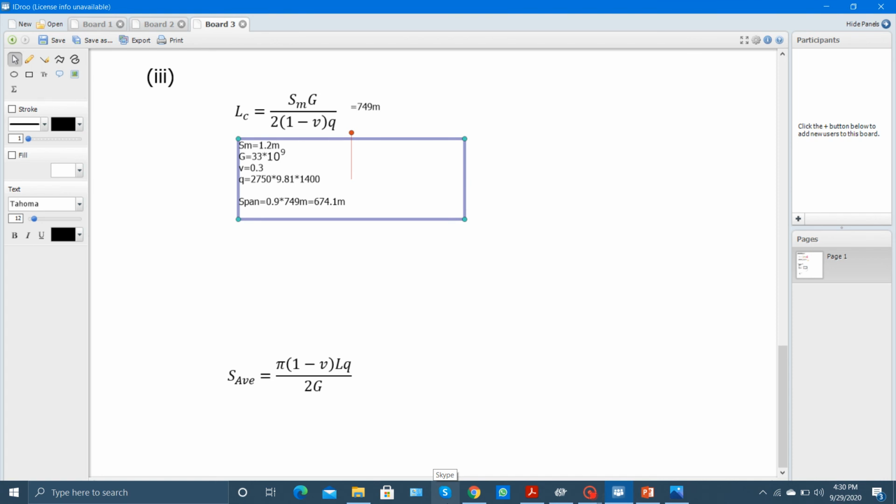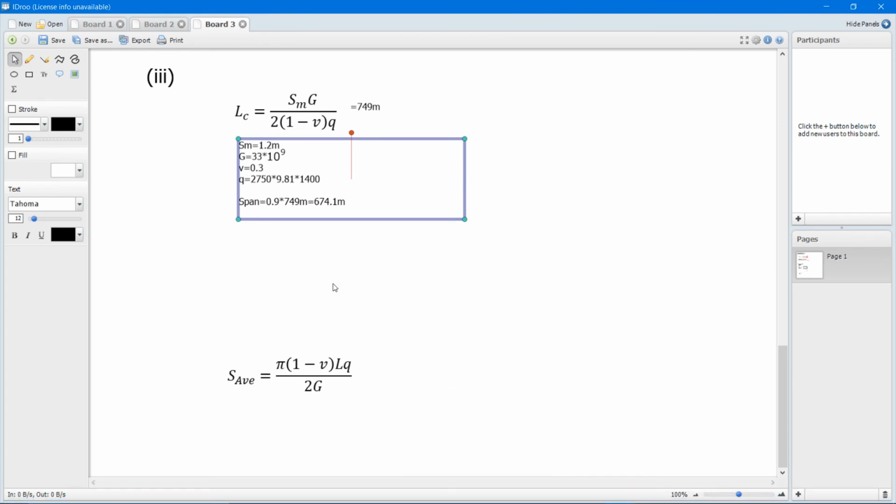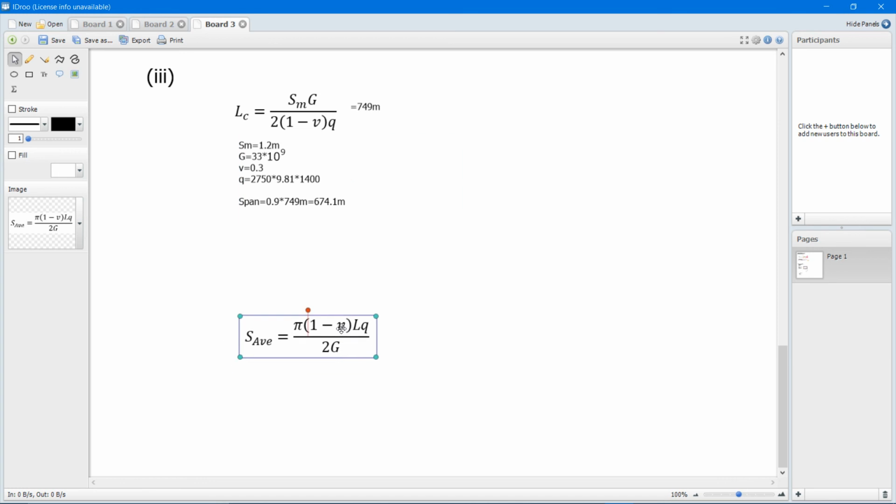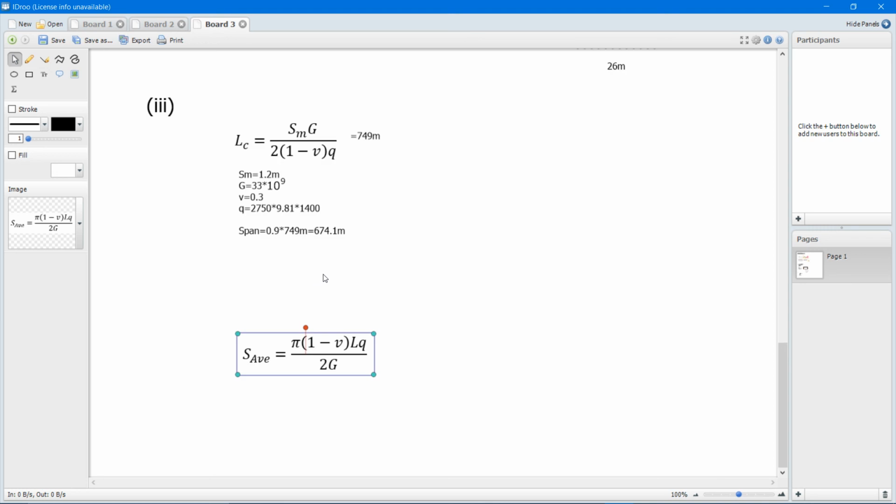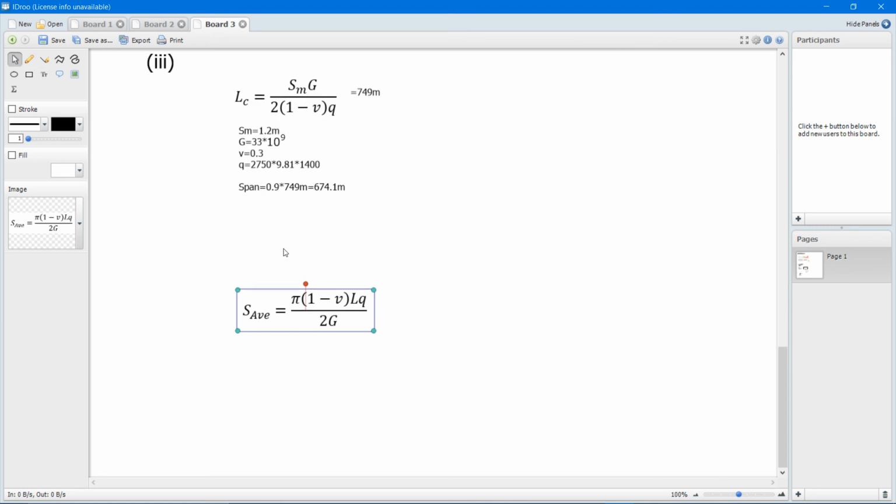Now, knowing our empirical rules, the formula we're going to use is this one in order to calculate our convergence. Why?